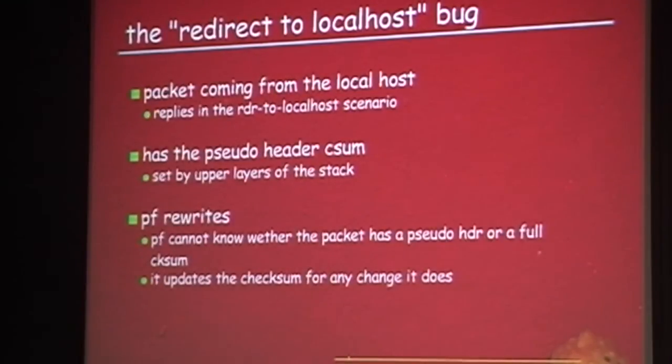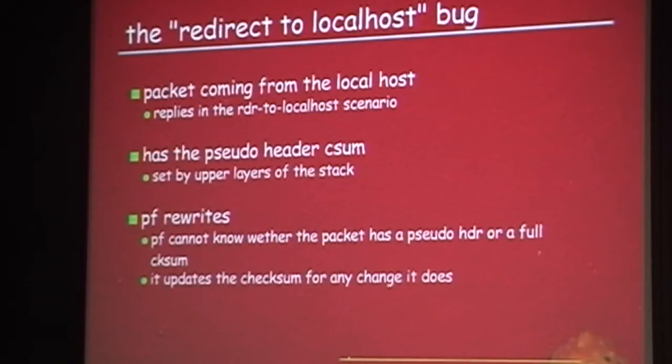So, the famous redirect to localhost bug. This is one of the things that drove me to dive into this. A packet that comes from the local host. The scenario that showed this is when you redirect something to localhost, the reply packet from a local proxy, like relayd.